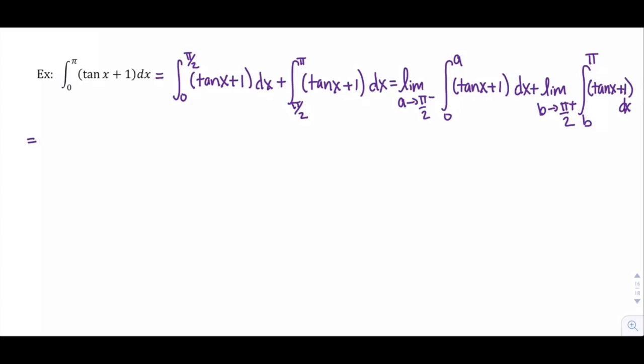Okay, well, we can go ahead and integrate tan of x using one of our basic integration formulas, which says the integral of tangent of x is equal to the natural log of secant of x.